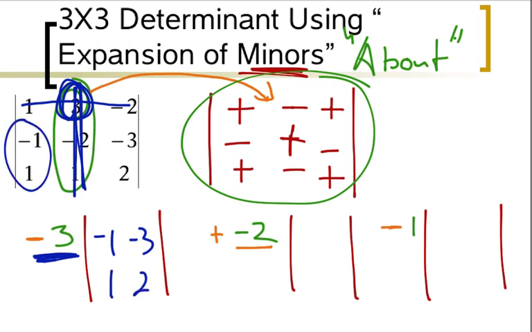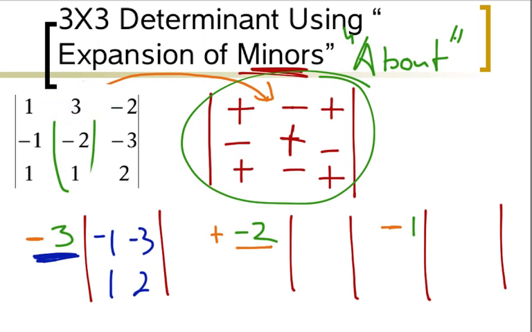Notice I put these numbers exactly the way that they are written without moving them. Now we're going to go back and do the 2. I'm going to erase what I just crossed out, and now circle the -2. I cross out its row and the column that it's in. What's left over is 4 numbers that make a matrix: 1, -2, 1, 2.